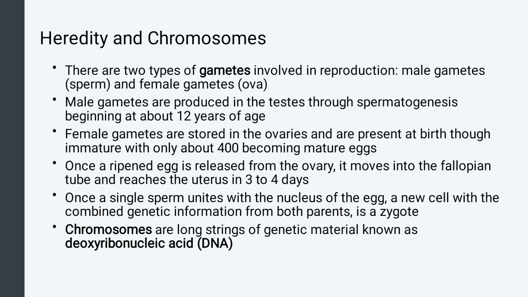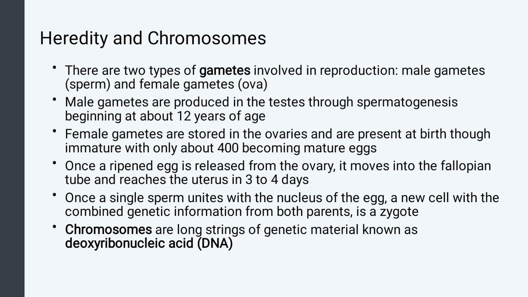Next, female gametes are stored in the ovaries and are present at birth, though immature, with only about 400 becoming mature eggs. In females, the eggs have always been in their ovaries since birth, but they are not yet matured, and only about 400 become mature eggs.